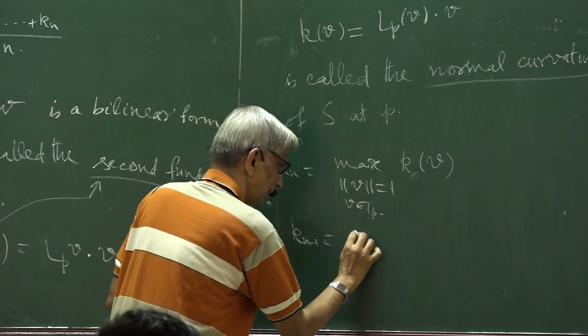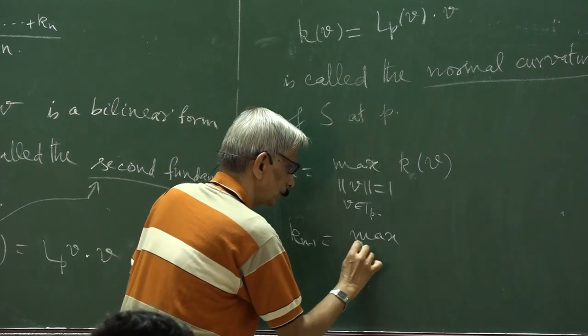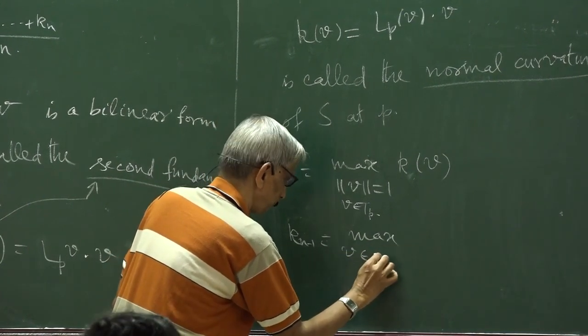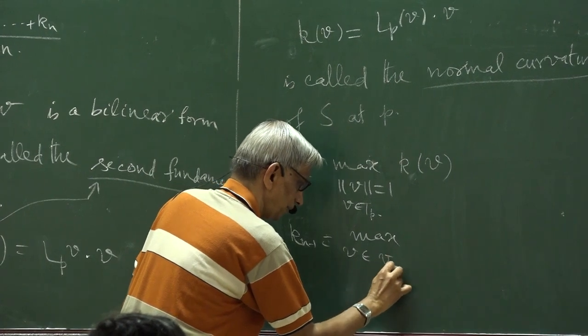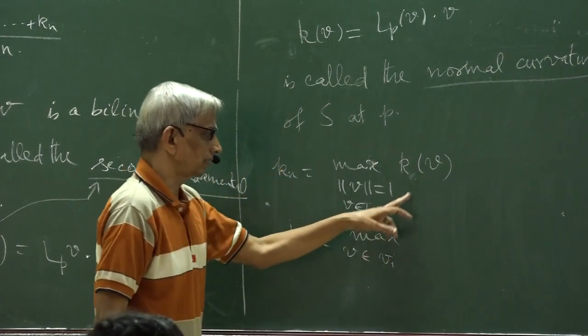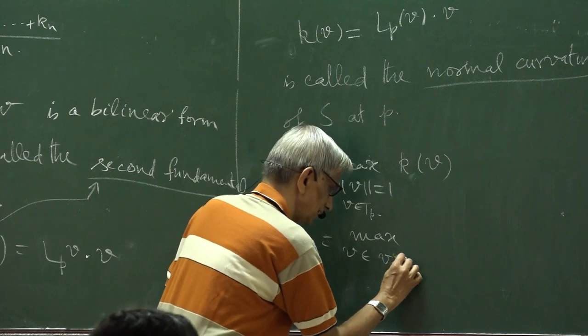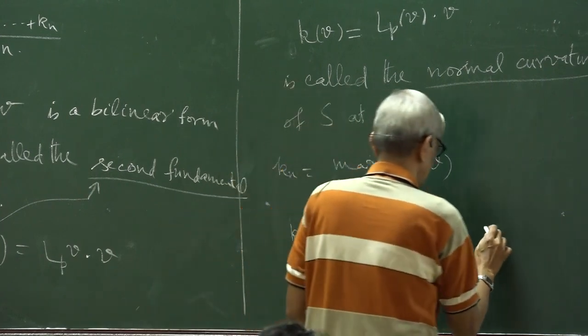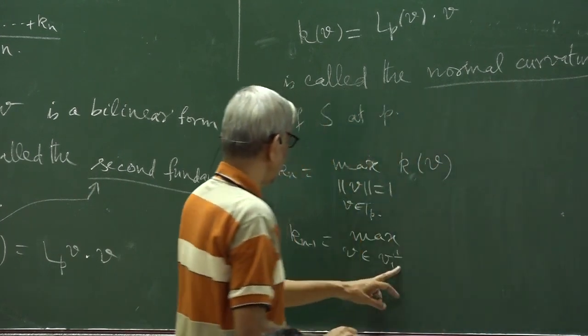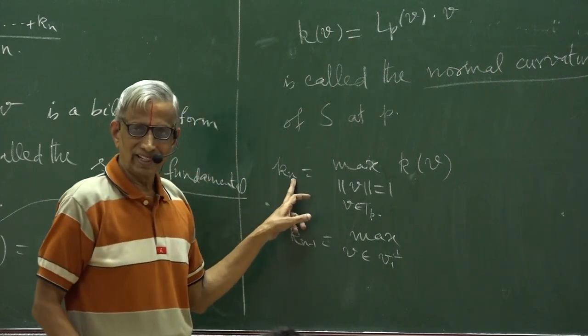It's the same object, but now V in V1 orthogonal complement. So V1 is not V1, but let's say Vn, okay?